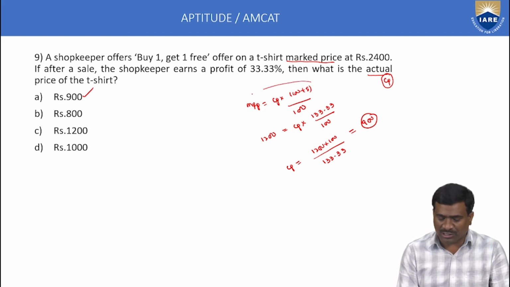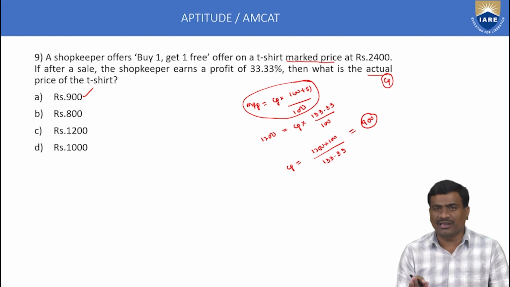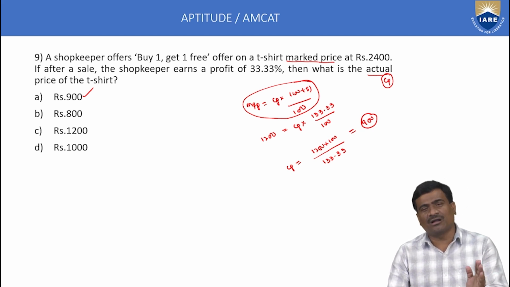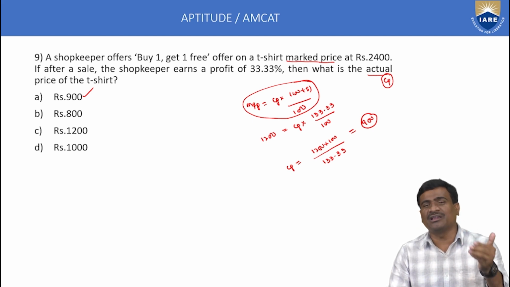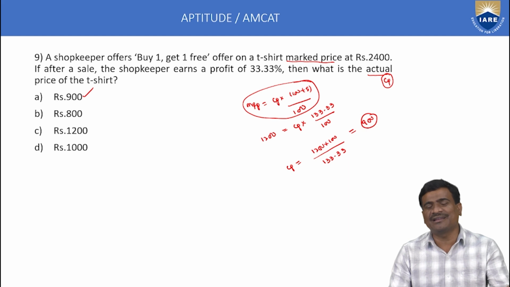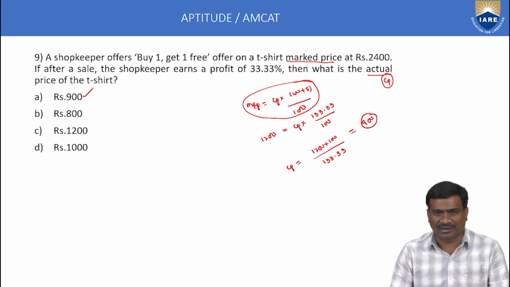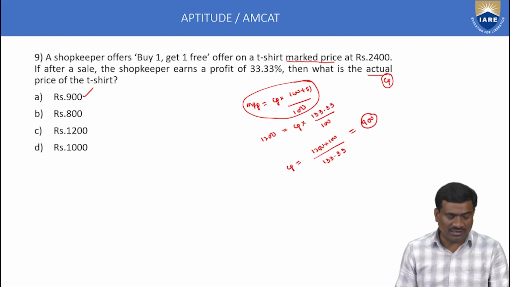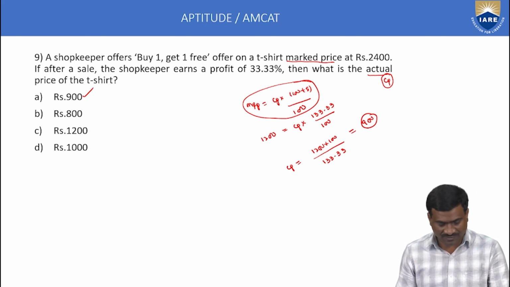This relation is important when gain is given. When loss is given, it is 100 minus L by 100. 100 is fixed; more than 100 indicates profit, less than 100 indicates loss. Loss means a negative operator, profit means a positive operator. This is the 9th example method.